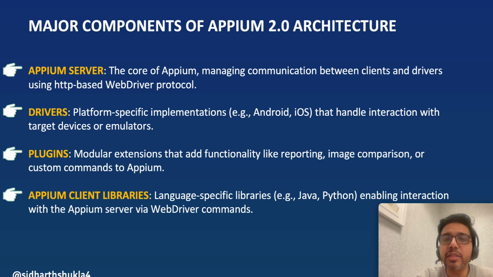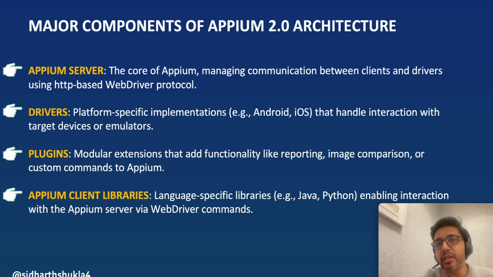Because your Appium server helps us to manage the communication between your client and driver. Drivers are specifically your platform specific for Appium, Android, iOS. Appium client libraries are specific to your programming language, and plugins are nothing but some modularization or additional extension or functionality like reporting and image comparison.